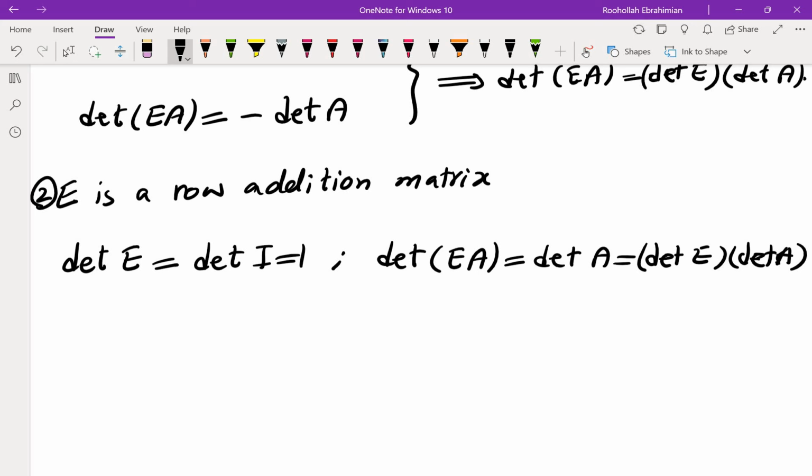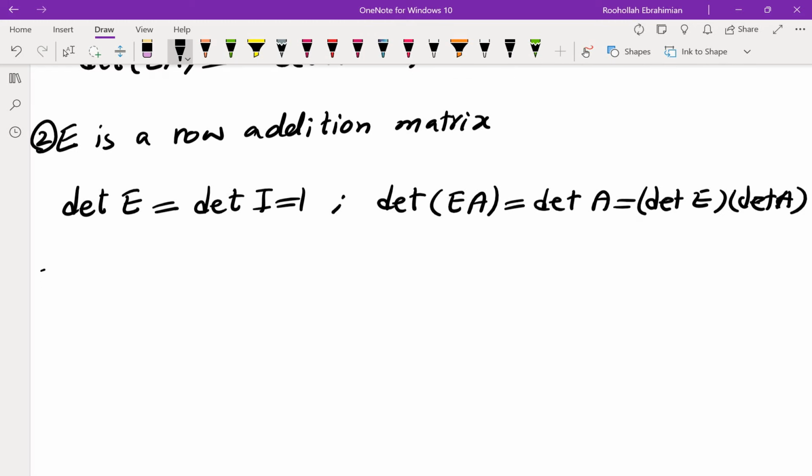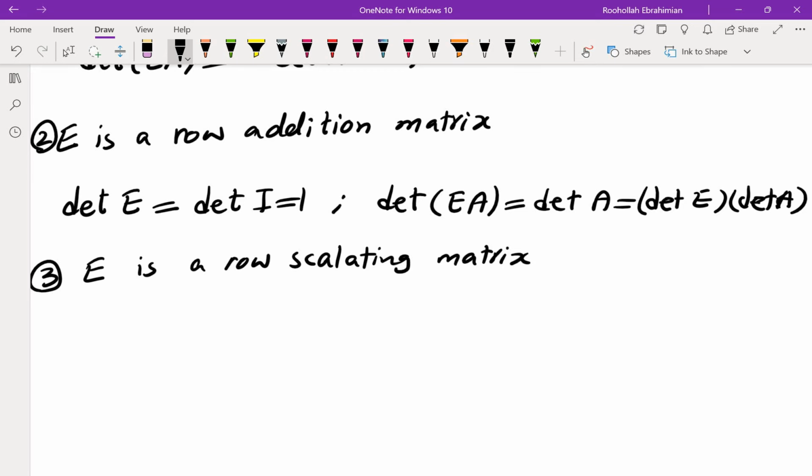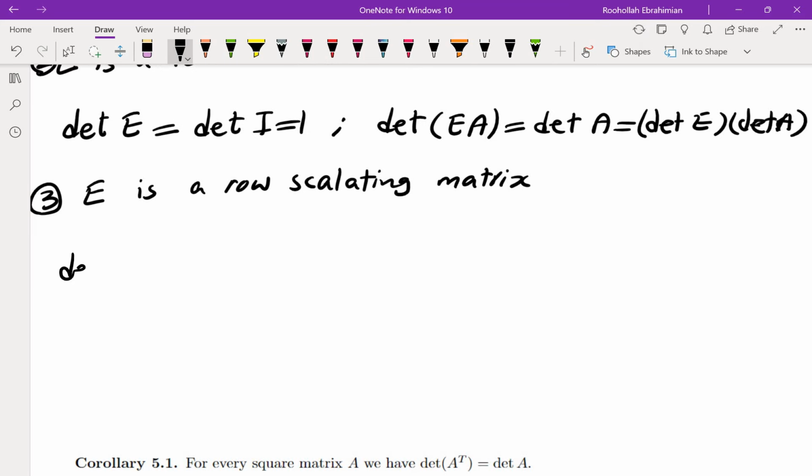So what does it mean? It means for these two elementary matrices, we do have the determinant of EA equals the determinant of E times the determinant of A. The last case is E is a row scaling matrix. Then we have a C on the diagonal. So the determinant of E is C times the determinant of I, which is C. But what is the determinant of EA?